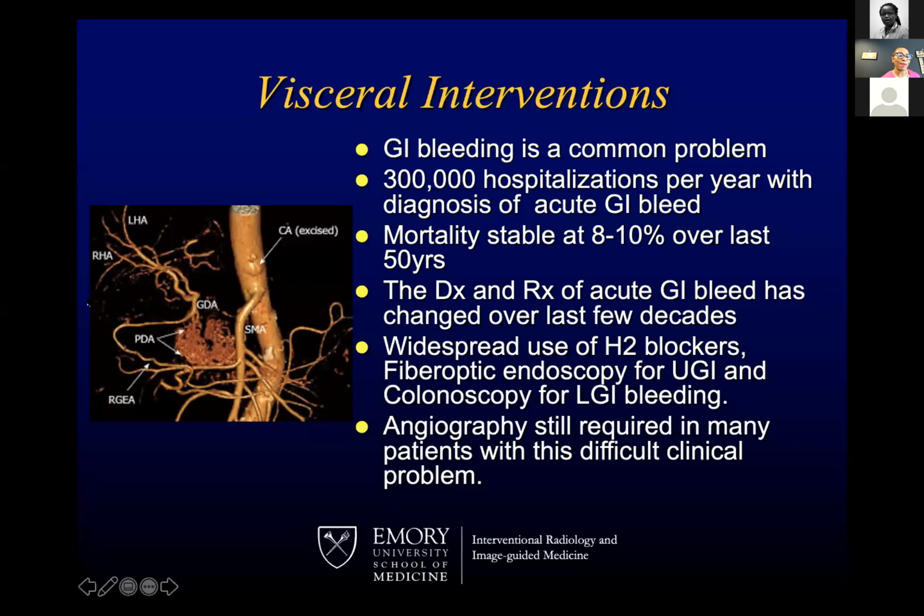So I'm not going to pay that much attention to this image to the left, but you're probably already looking at it and you're like, geez, Dr. Newsome, I can see here that something is already wrong. It says the CA, the celiac axis, was excised in this patient. And here you can see that the superior mesenteric artery is still patent.